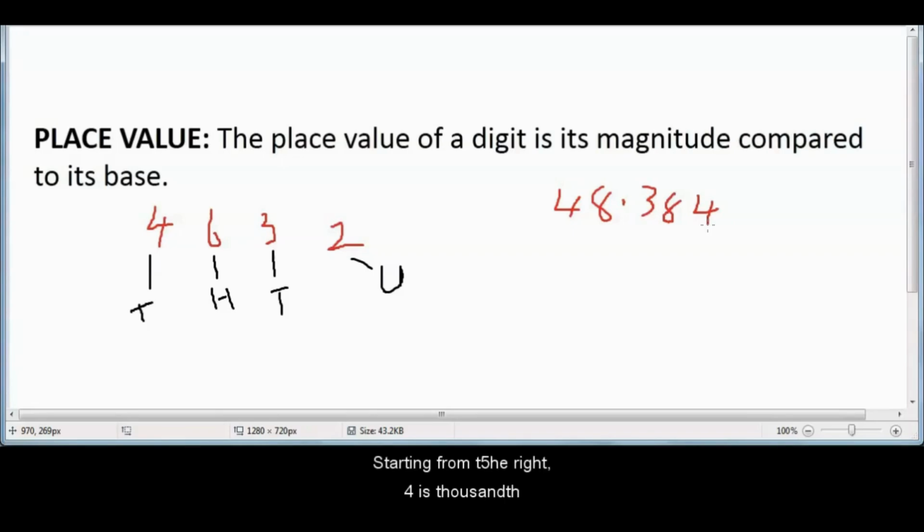So starting from the right, 4 is thousandths. 8 is hundredths. 3 is tenths. That's how it should be: tenths, hundredths, thousandths.